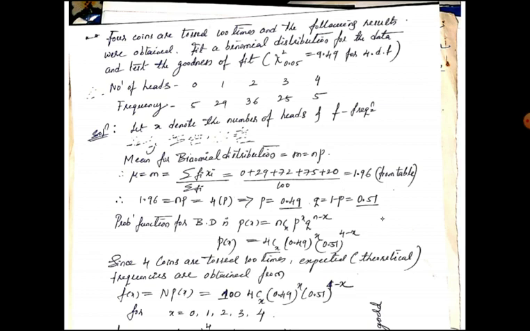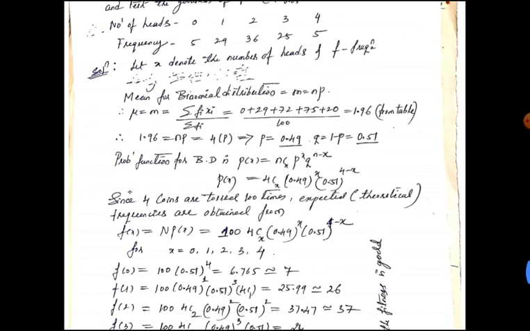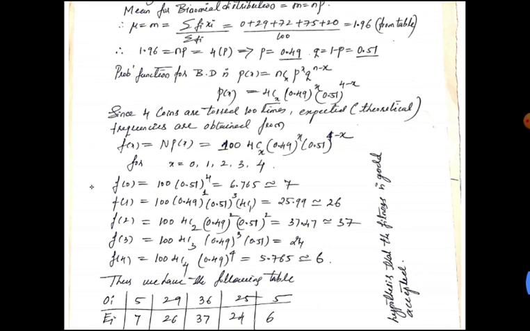Now since 4 coins are tossed 100 times, the expected or theoretical frequencies for any discrete distribution are given by f of x equal to n times p of x. So it is 100 times p of x, where x takes values 0 to 4.